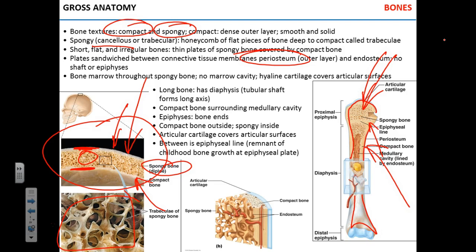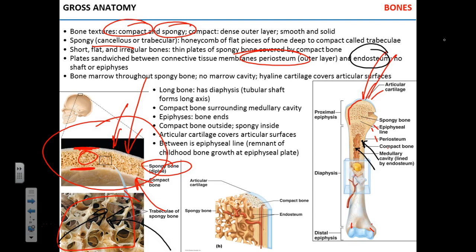On the inside of the long bone, these surfaces, as well as the surfaces of trabecular bones, are covered by endosteum. Endosteum is thin and delicate connective tissue. Does that make sense?